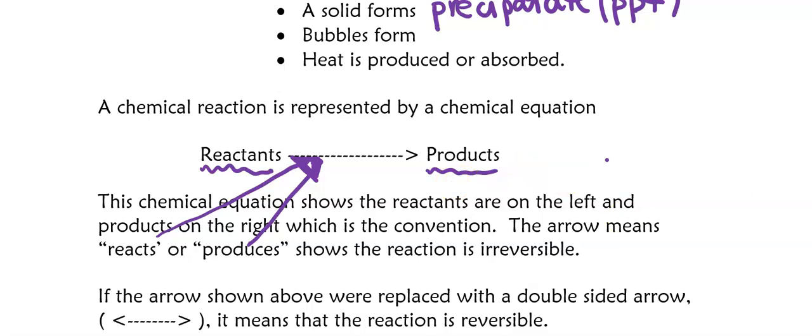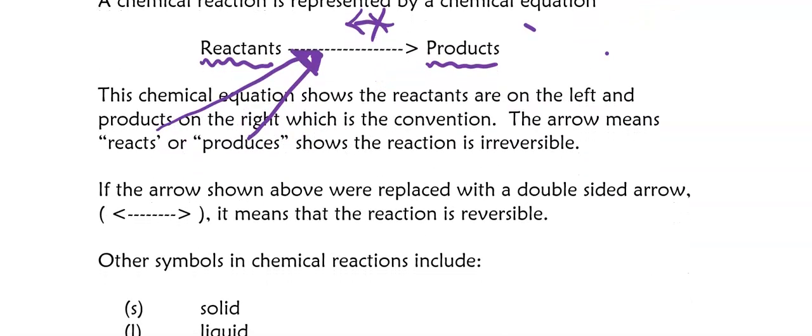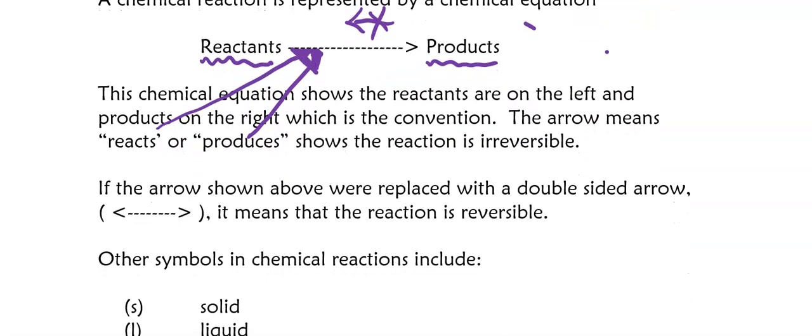It also shows that this reaction does not go the opposite way. It's irreversible. You've got one way. However, if the arrow shown above were replaced with a double-sided arrow, it means the reaction is reversible. This is known as an equilibrium reaction, and we will talk about that in second semester.